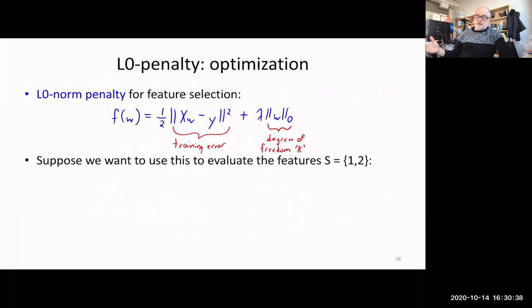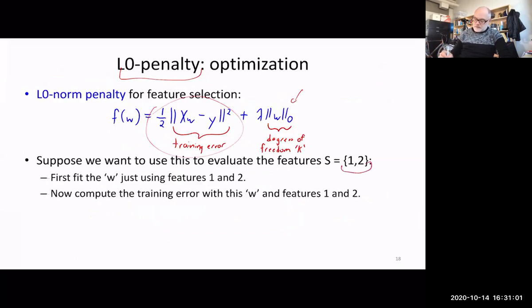So this is basically what we're going to play with to do feature selection. I'm going to put an L0 penalty on. That's going to control the number of degrees of freedom, like controlling the number of degrees of freedom of the polynomial regression model. We have the training error here as always. Let's say that we want to use this to evaluate the features S equals 1 and 2.